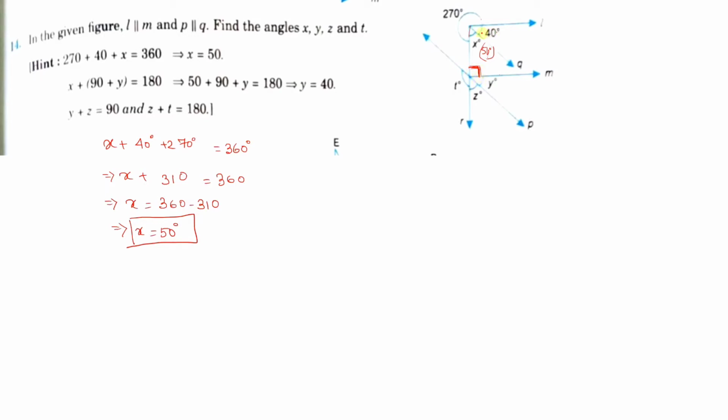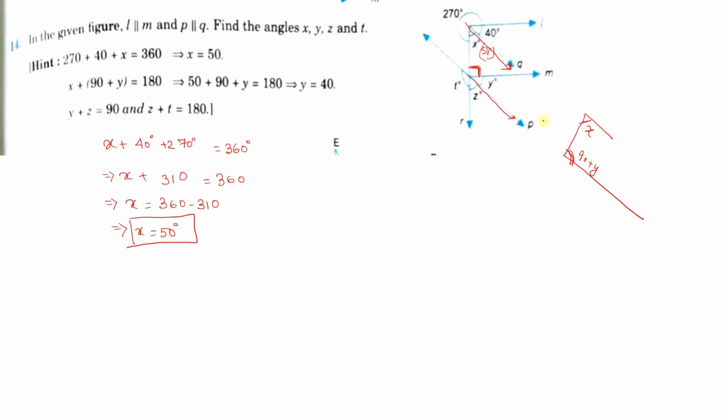So look at this one very carefully, this one is a parallel line and this one is a parallel line, okay, means a structure like this you are getting, and this one is x and this one is 90 plus y, okay. I don't know whether this sum will come in the exam or not, but you can practice these sums, but the chances are very less.